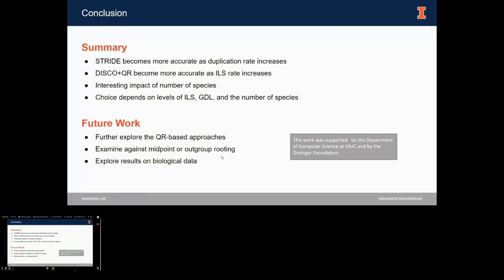These are very common techniques that are more traditionally used, so having an idea how we compare against those might be good. And then exploring results from biological data might also be beneficial to get a better idea of how the methods work in practice. So anyways, thank you to our funding and my co-authors, and thank you all for listening.